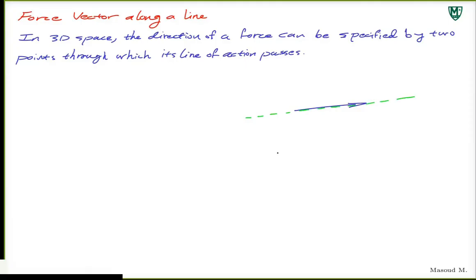The reason I explain line of action is because you're going to hear this term again. So what it is saying is that you can specify a force by 2 points, and the line of action of the force passes through those points, right?